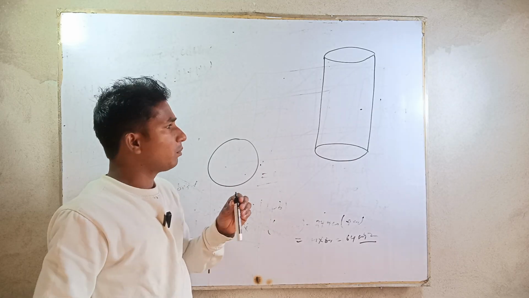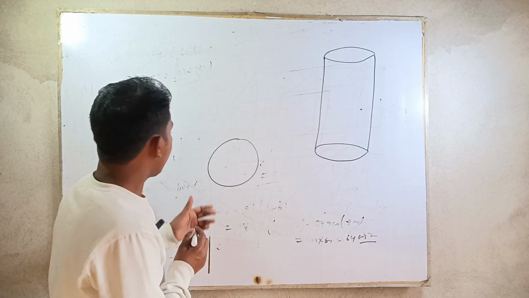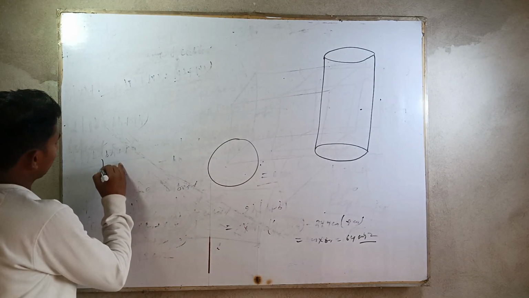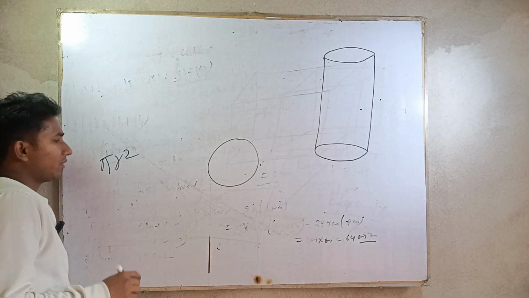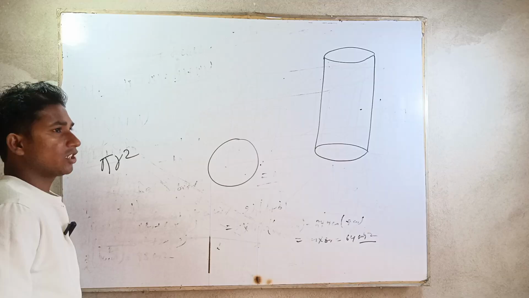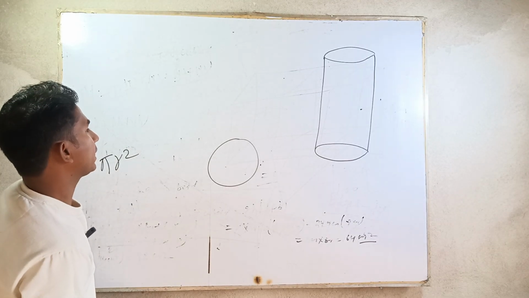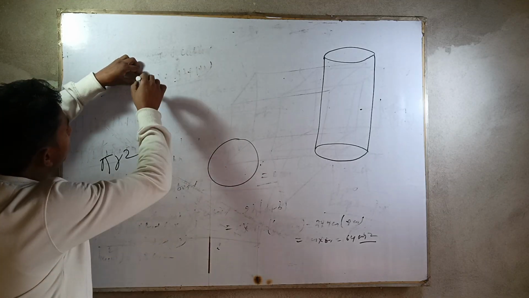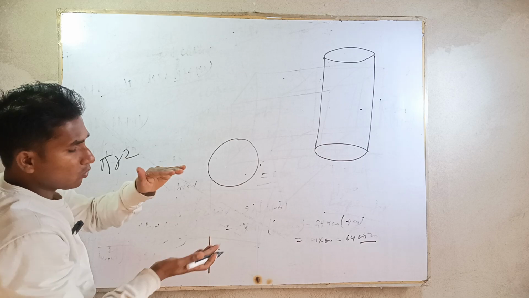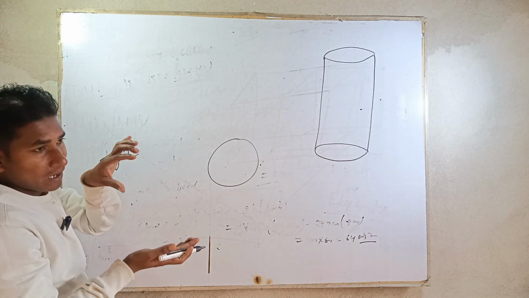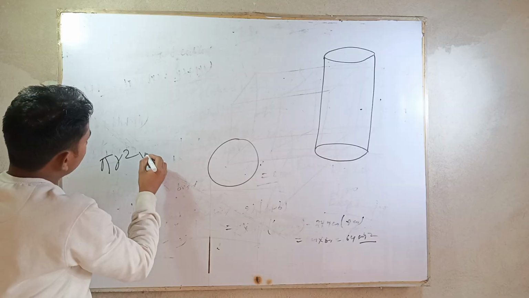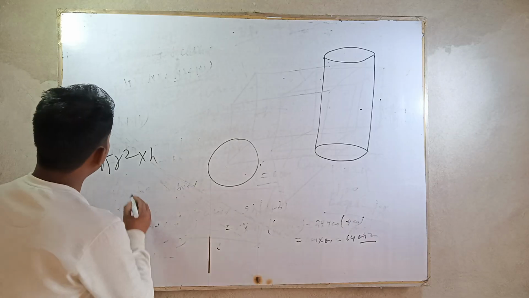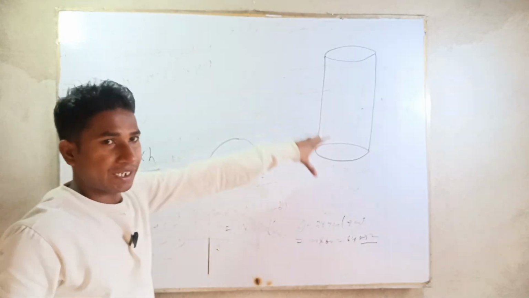So if I multiply the area of the circle with the height, the area of circle is what? Pi r square. The coin area is pi r square. If I put so many coins one by one, then I will see that it would have height. So if I multiply the height with the area of circle, that means it will be the volume of cylinder.